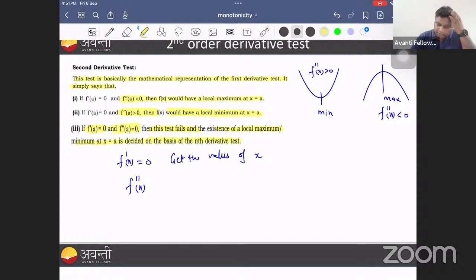Got it? So if the second derivative is also 0, maxima or minima will be decided using the first derivative test. Am I clear?